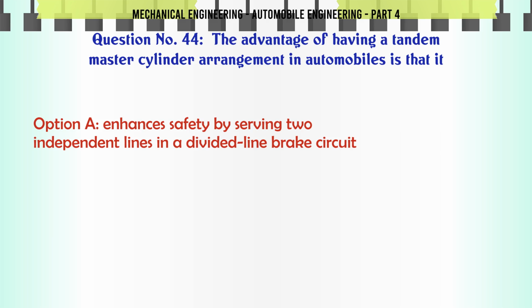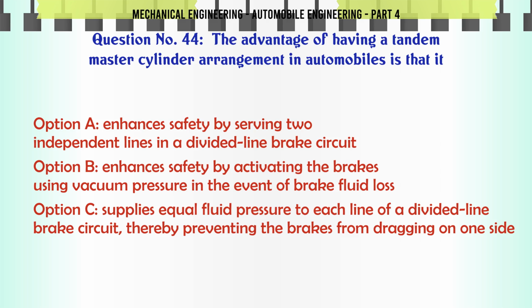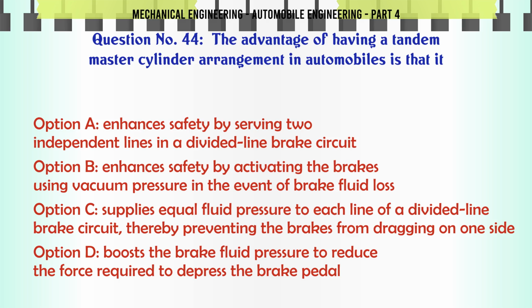The advantage of having a tandem master cylinder arrangement in automobiles is that it: A. Enhances safety by serving two independent lines in a divided line brake circuit. B. Enhances safety by activating the brakes using vacuum pressure in the event of brake fluid loss.